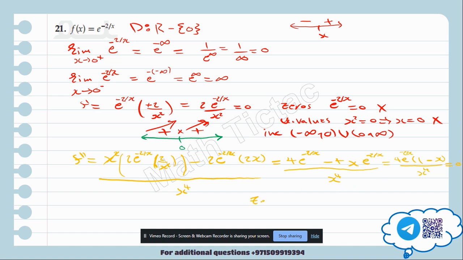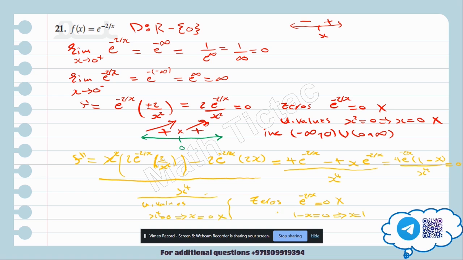From the numerator zeros, I will have e to the power minus 2 over x equals 0. That will be rejected. So the second one, 1 minus x equals 0, and that will give me x equals 1. Also from the denominator, the undefined values, I will have x to the power 4 equals 0, so that will give me x equals 0.